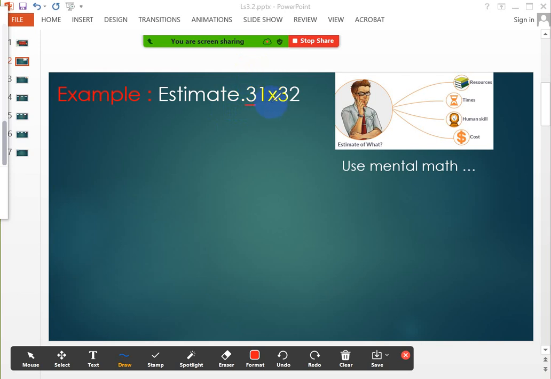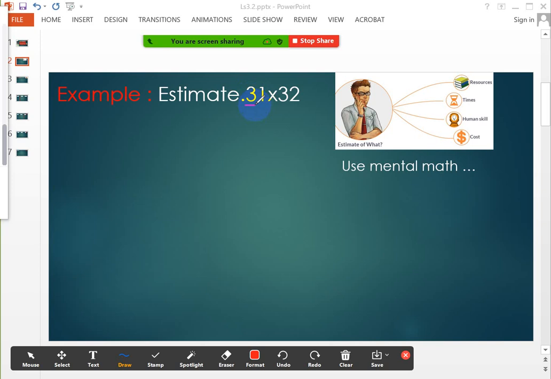If this number is greater than or equal to 5, that means I will add 1 to the tens digit and the digit before it will be 0. If this number is less than 5, that means I will keep the tens as it is and the digit before it will be 0. So I will use this strategy to find the answer.